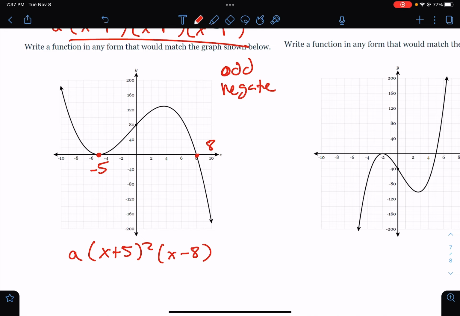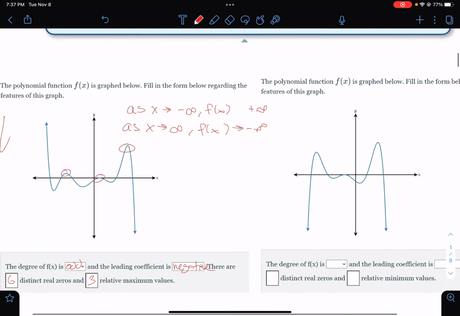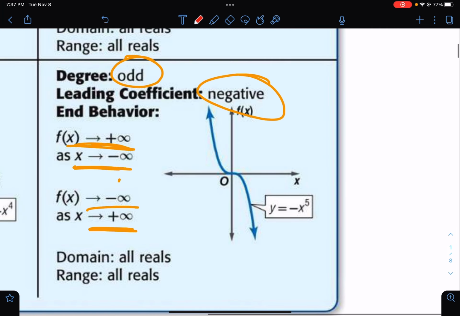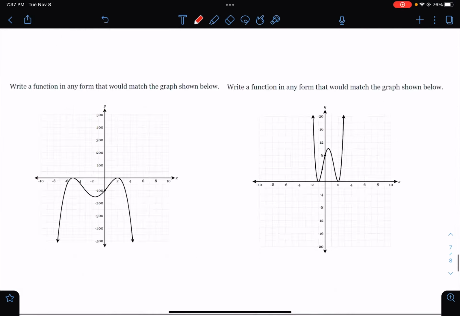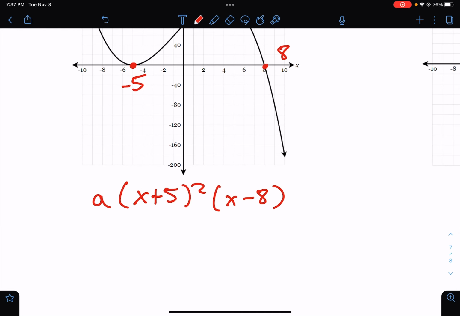Because if you look at the end behavior of this graph, as x goes to negative infinity, the function goes to positive infinity. As x goes to positive infinity, the function goes to negative infinity. So that's just a quick way to check your answer. That's not really going to help you find your answer, but it's nice to know if your a is going to be positive or negative by looking at the graph.